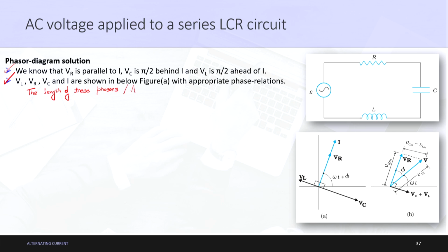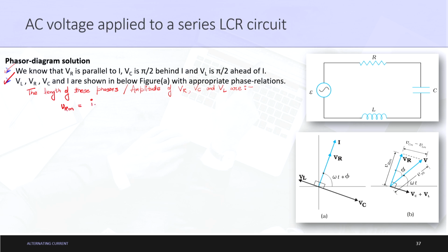First of all, let us calculate the length of these phasors, or what we can say is equal to the amplitudes of the voltages across the resistor, capacitor and inductor, capital VR, capital VC and capital VL.